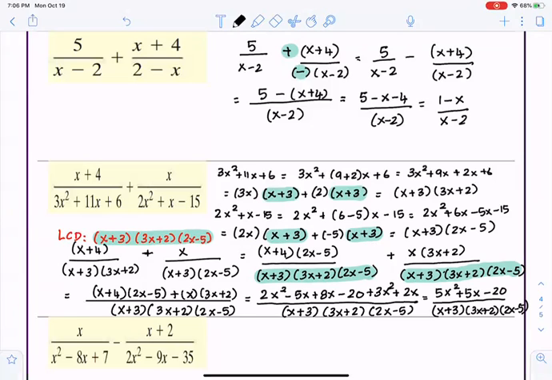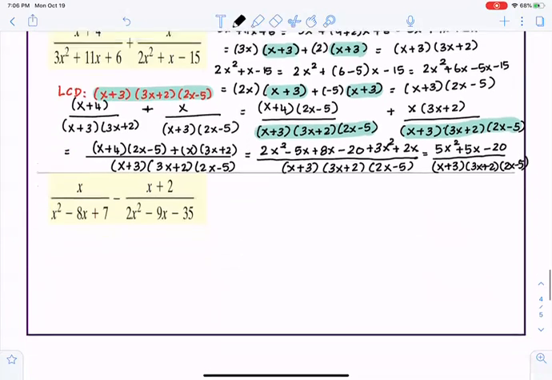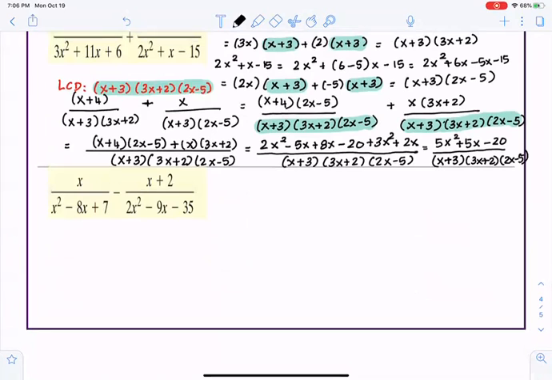Could this be simplified further? We have a common factor in the numerator.